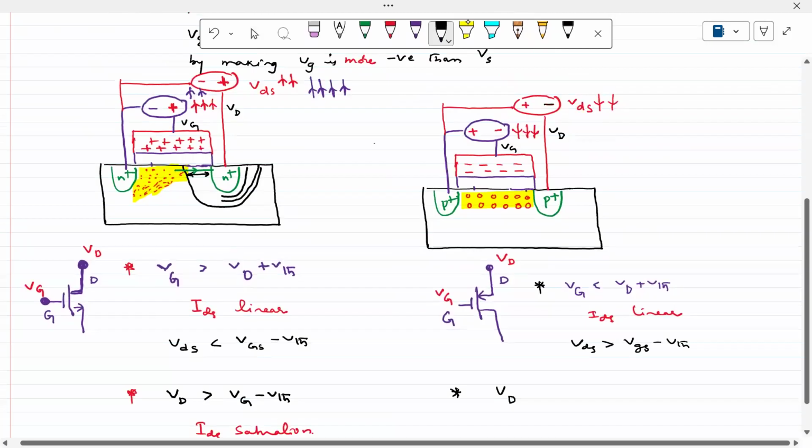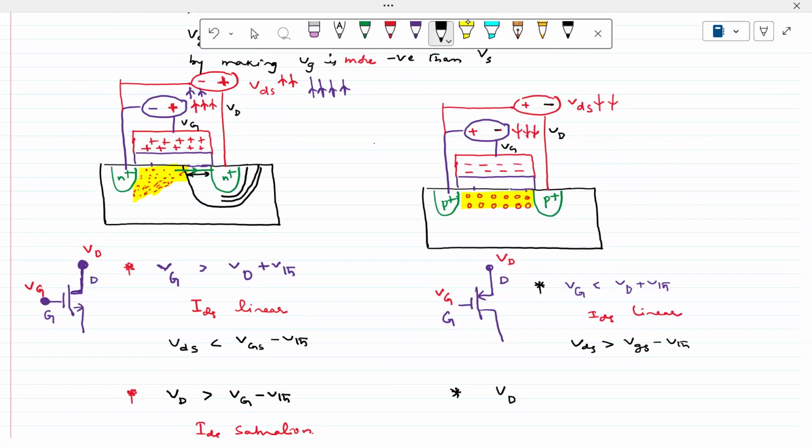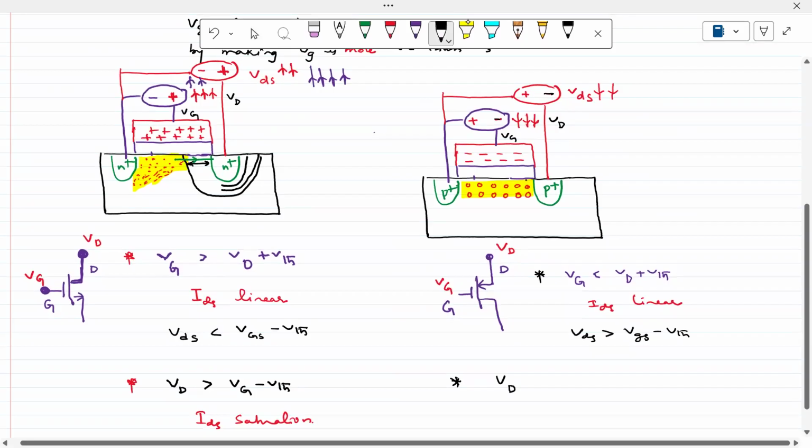Previously we have seen that VG is more negative than the drain. Now, if we want to make VD more negative than the gate, then what will happen? If the VD is more negative, it is a reverse bias, right?